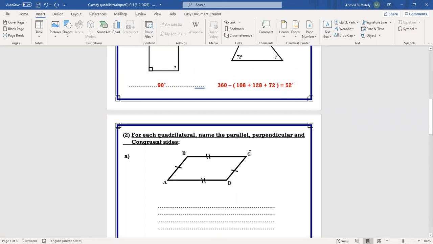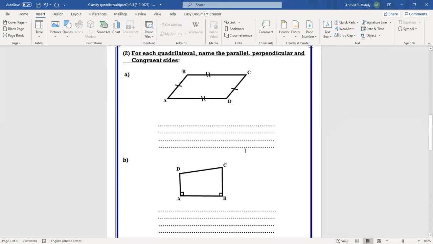The second exercise. For each quadrilateral, name the parallel, perpendicular, and congruent sides. Congruent means equal. The first is parallelogram ABCD. Which sides are equal, as you said yesterday? The opposite sides are equal.